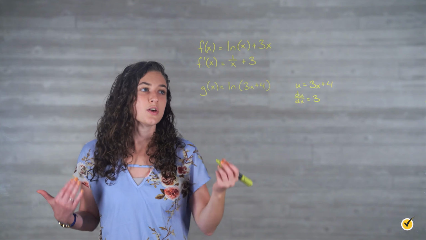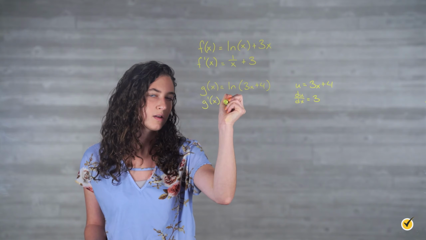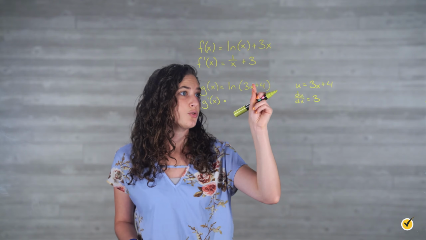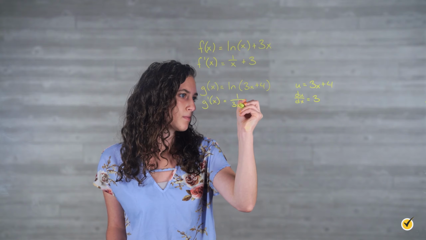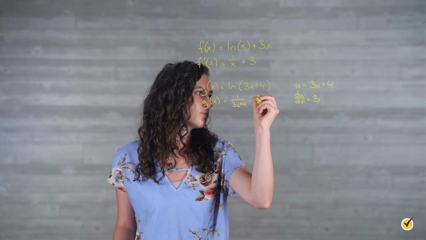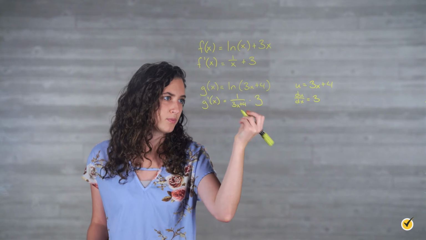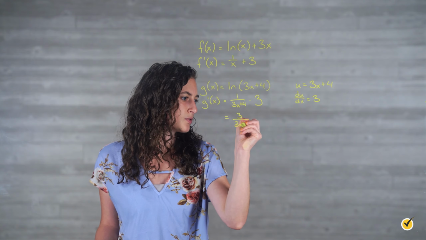So therefore, the derivative of g of x, or g prime of x, is equal to 1 over the function, so 1 over 3x plus 4, times the derivative of u. So times 3. We can then simplify this to be 3 over 3x plus 4.